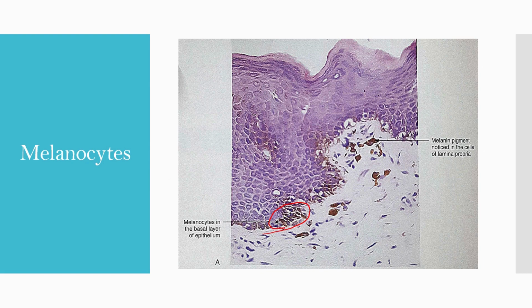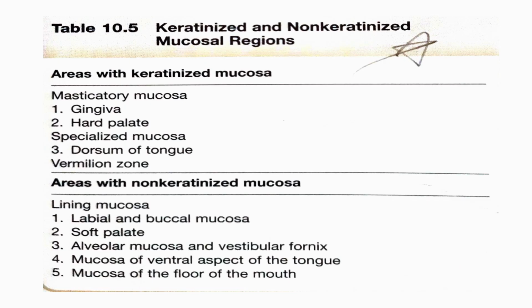Melanocytes are in the basal layer. This is melanin pigment noticed in the lamina propria. So Indians have brownish or darkish gingiva or gums because of these melanocytes present in the attached gingiva.